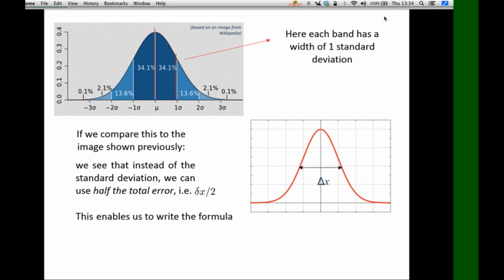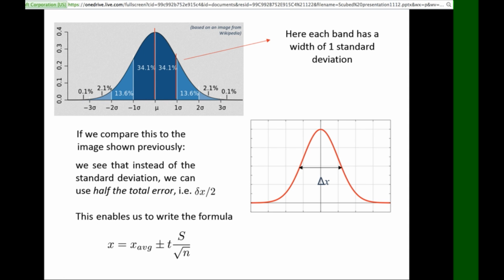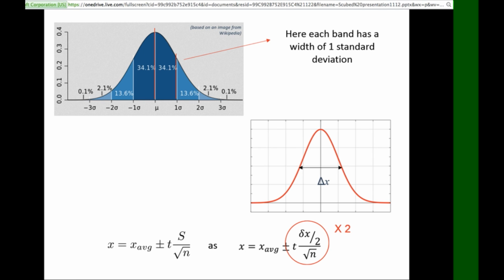Thus, we can write the formula that we presented initially, like this. Note that we've replaced the standard deviation with delta x on 2. And this, therefore, should be multiplied by 2 to get a total error.